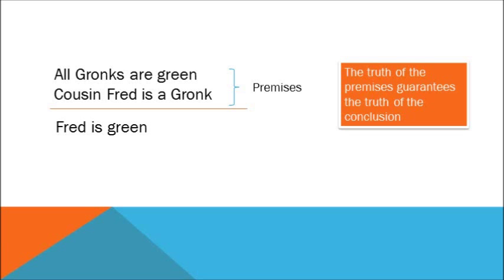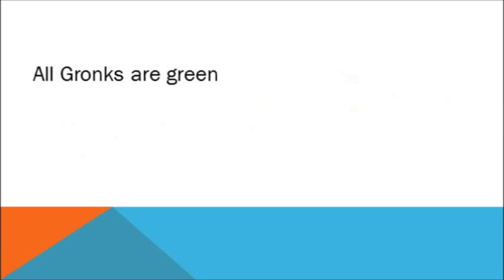Deductive arguments are characterized by the fact that the truth of the premises guarantees the truth of the conclusion. If you accept the premises but do not accept the conclusion, then you are wrong. Let's consider in more detail the idea that all Gronks are green, which makes up the first of our premises.